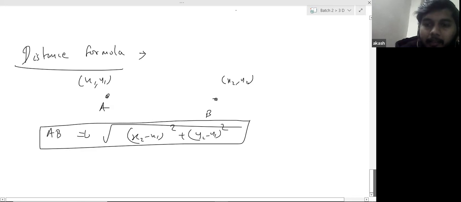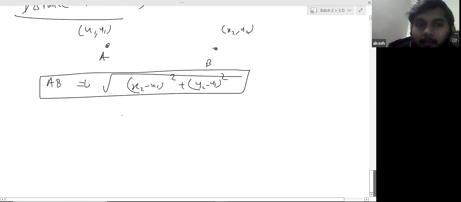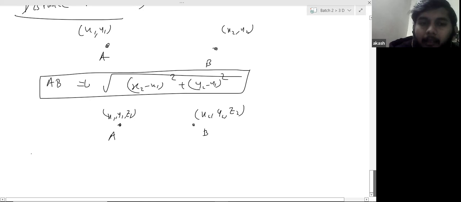In 3D, nothing changes. If there is a point A, which is x1, y1 and z1, and a point B, which is x2, y2 and z2, then the distance AB will be x2 minus x1 whole square plus y2 minus y1 whole square plus z2 minus z1 whole square under root.